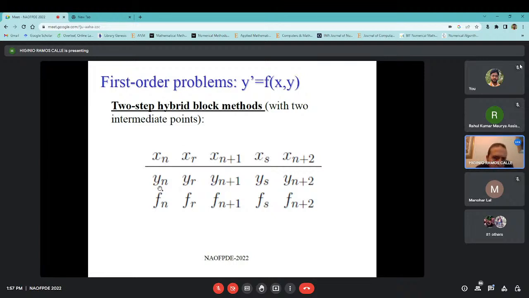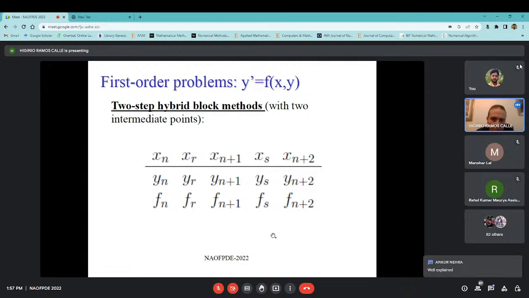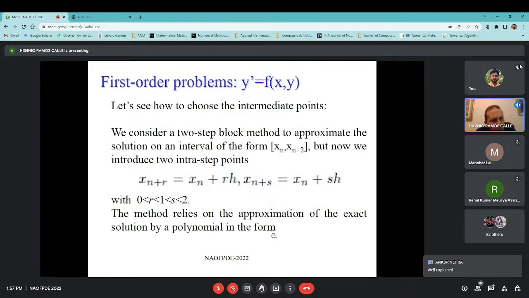So in this case, we have 4 unknowns, but we have more terms that we can use to formulate the method. So we have exactly 1, 2, 3, 4, 5, 6 terms to formulate the approximation by a polynomial, as we did previously. So the difference now is that we have considered two intermediate points.